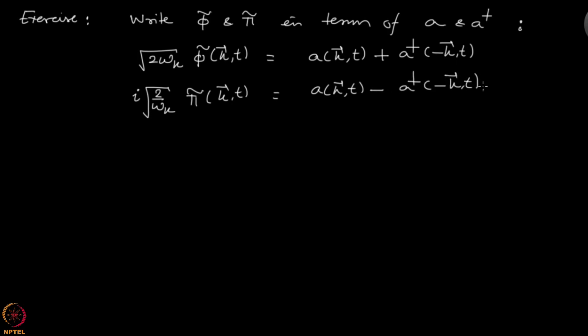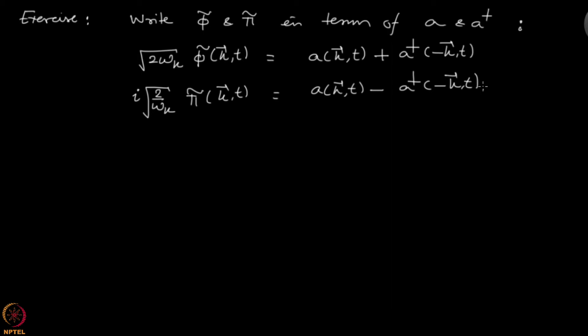Okay, please check the results. I hope everything is correct here. Now one thing I want to do is use this and write the field phi, not the phi tilde, the phi of x,t in terms of A and A daggers.